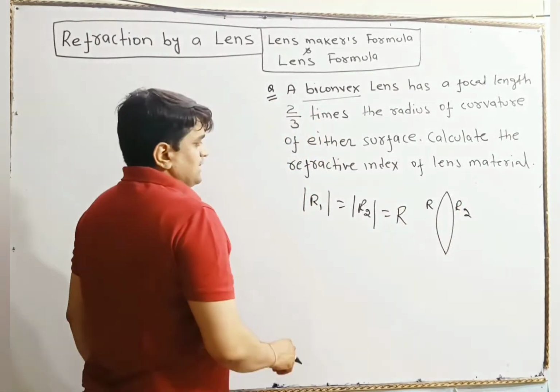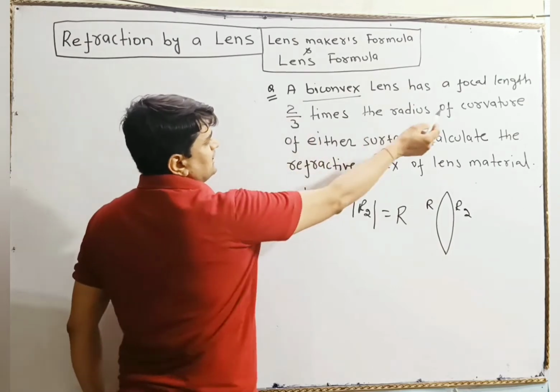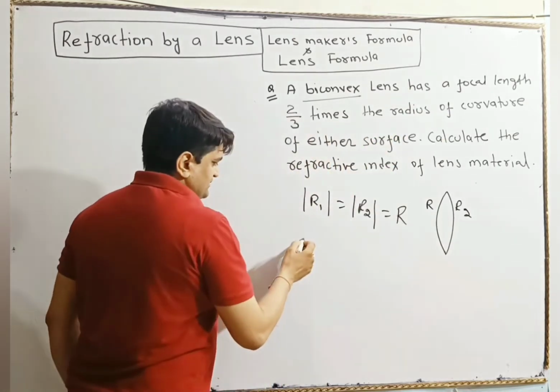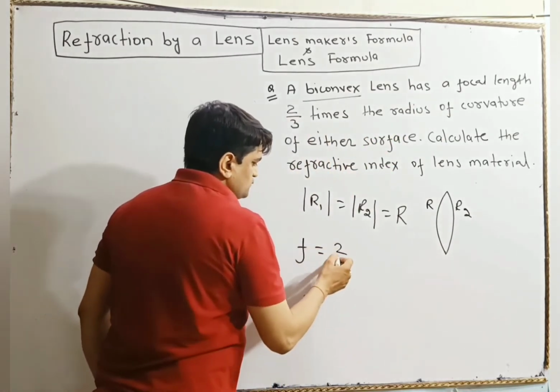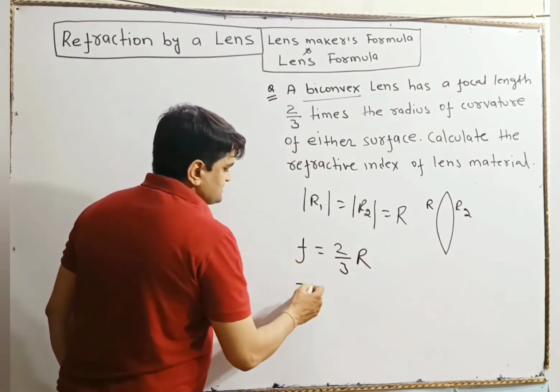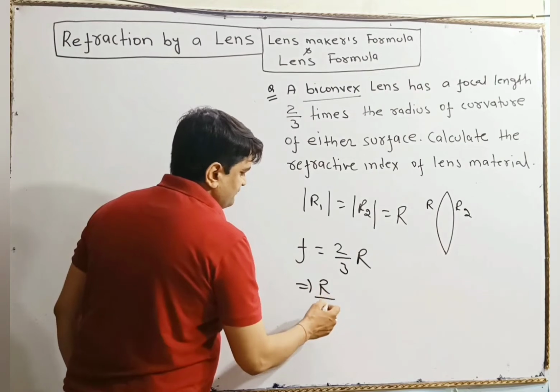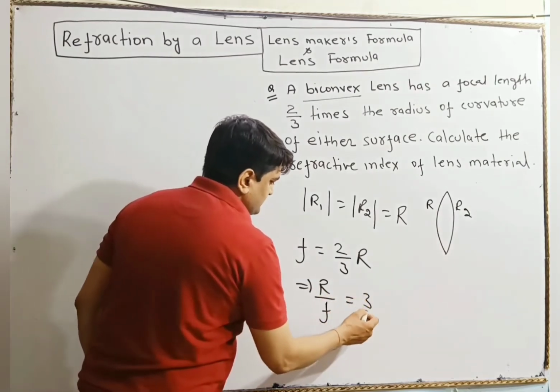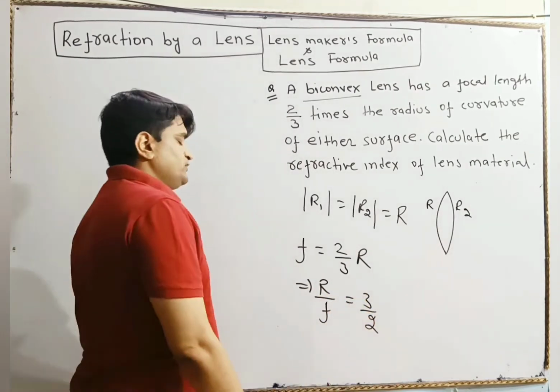Okay. Also given focal length is 2 by 3 times. That means F is 2 by 3 times R. That means R upon F must be 3 by 2. Okay.